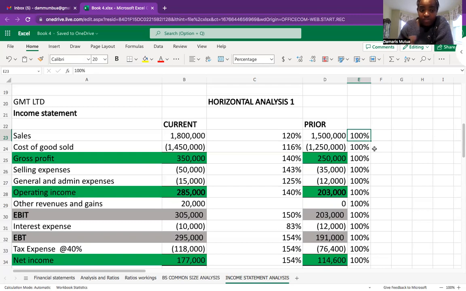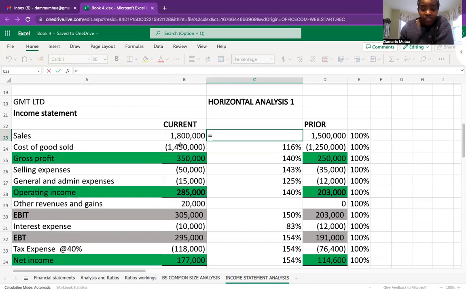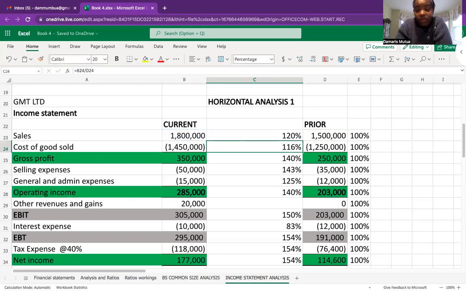Then we express it as a percentage of the next period. So let's say, for example, this 1.8 is a percentage of the prior period. So this is 120,000. So our sales have grown.